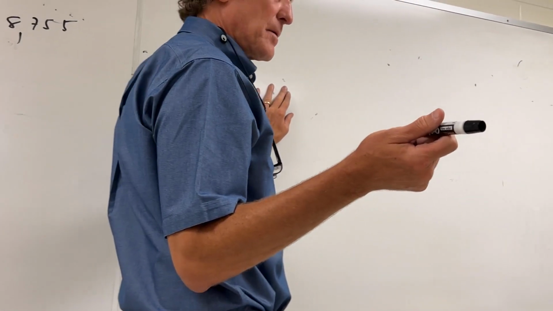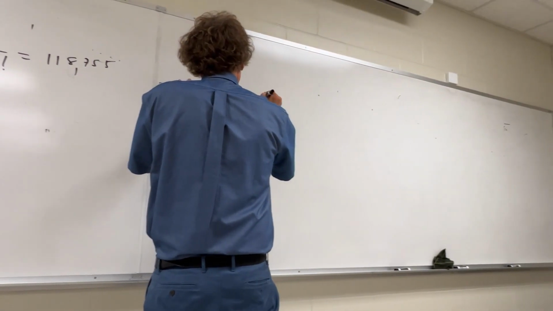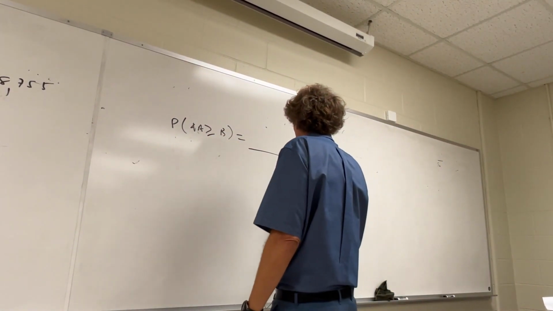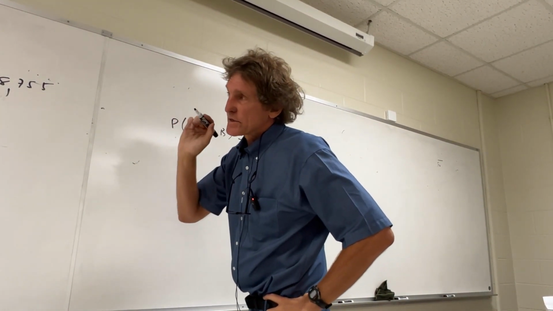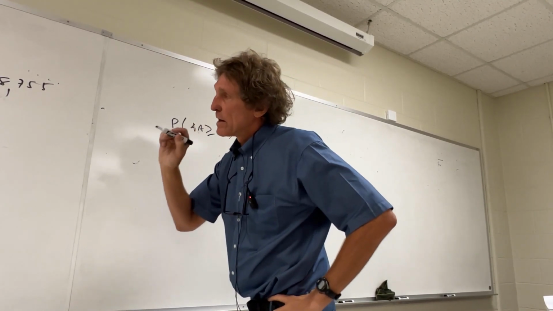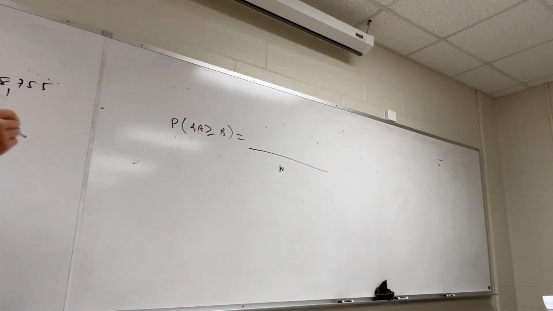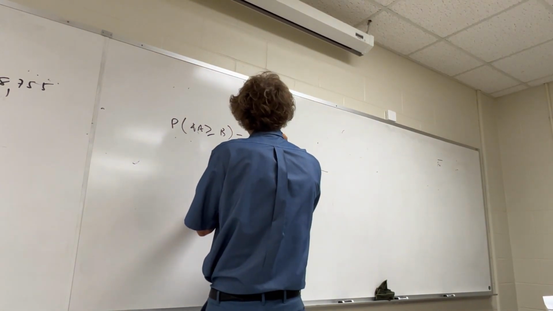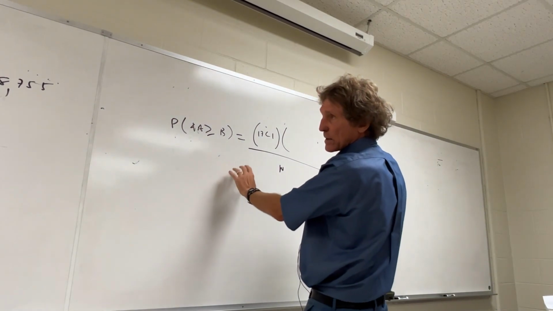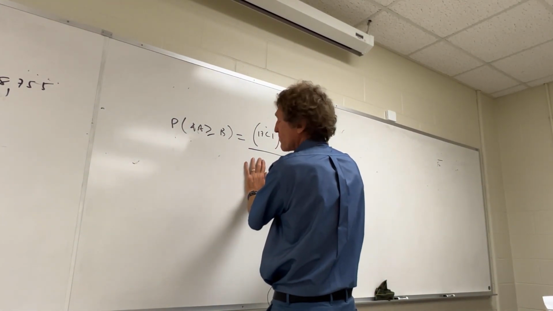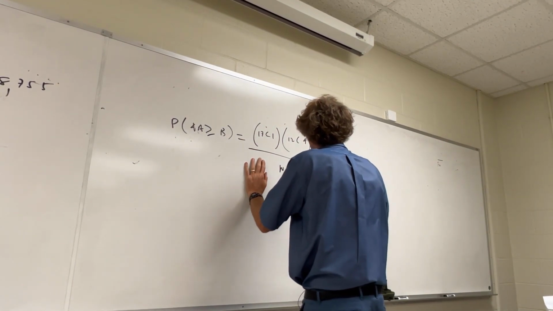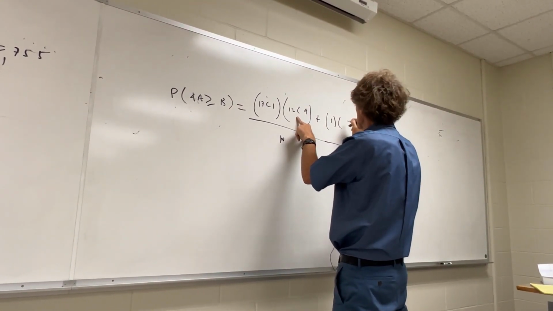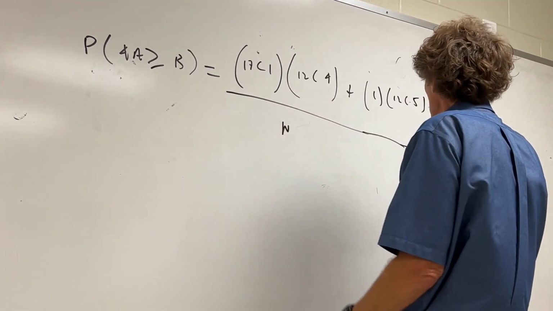We want the probability of 4 American or more beers, and that's going to be, with N as the total, 17 combination 1 times 12 combination 4, plus really just 1 times 12 combination 5, correct?